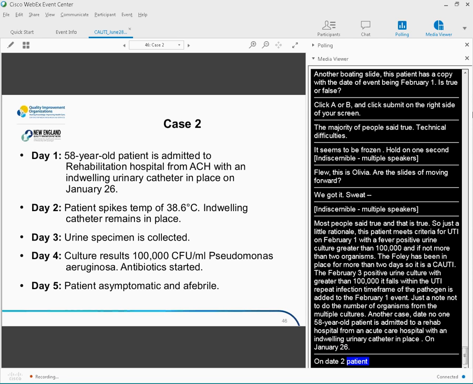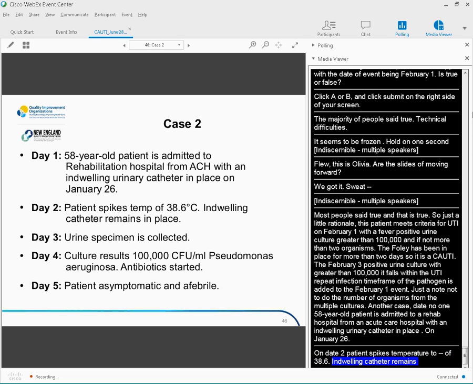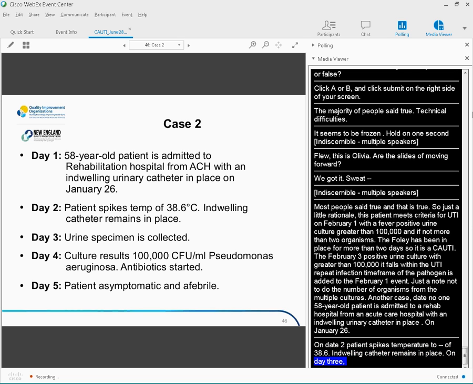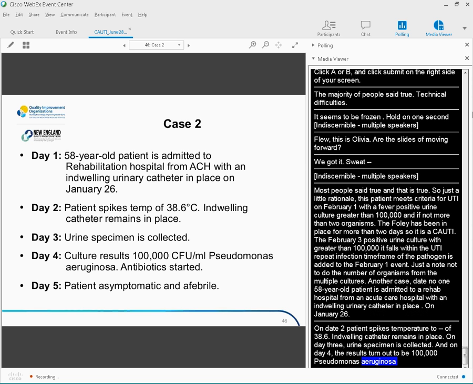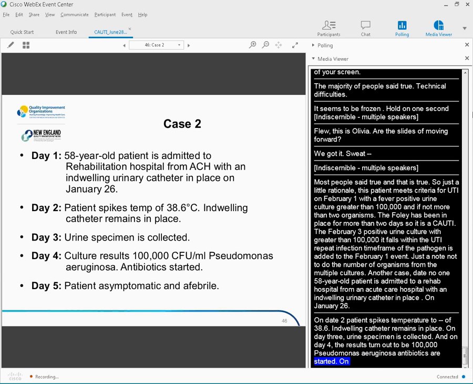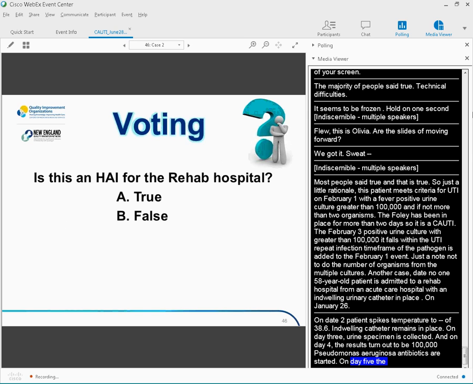The indwelling catheter remains in place. On day 3, the urine specimen is collected, and on day 4, the results turn out to be 100,000 Pseudomonas aeruginosa, and antibiotics are started. On day 5, the patient is now asymptomatic and afebrile.